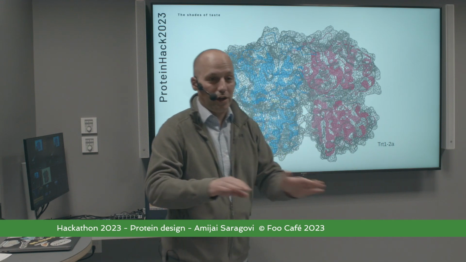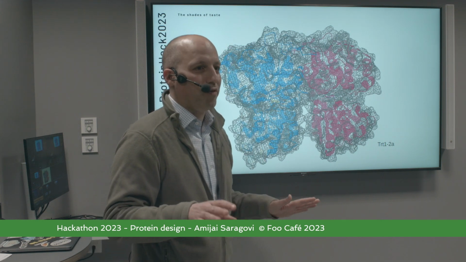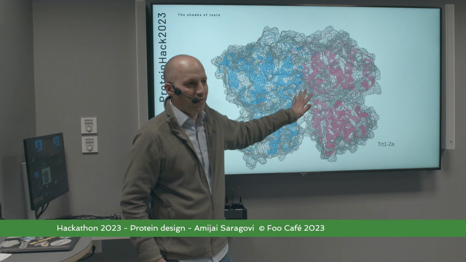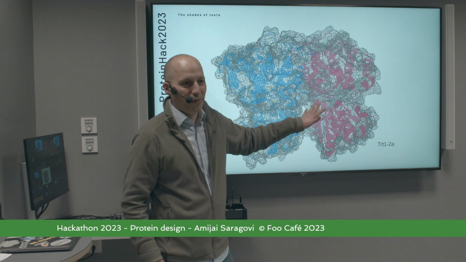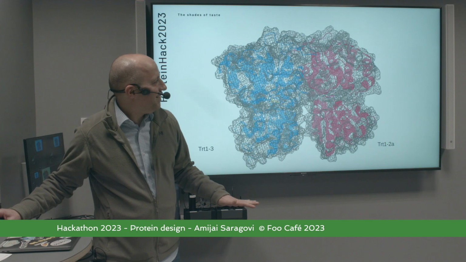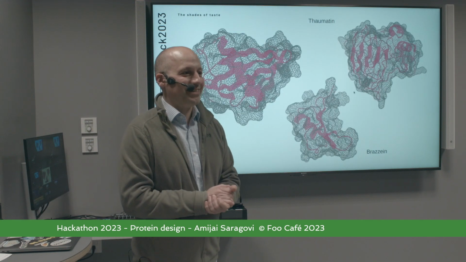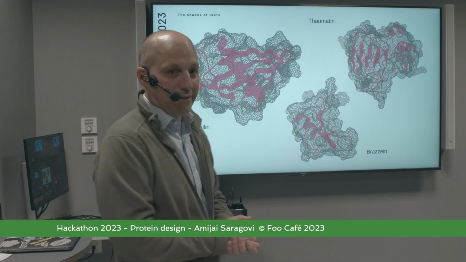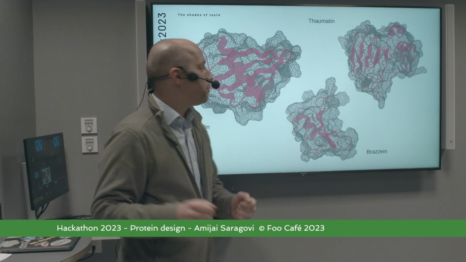Now, if I tell you now, design a taste protein from scratch, you will have a problem because you have no idea how to start working with this receptor. I mean, that's pretty hard to know how to tackle this. Lucky for us, nature created several proteins that give a sensation of sweet. So these proteins are doing exactly the job.